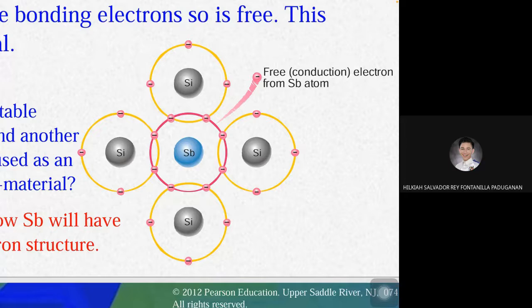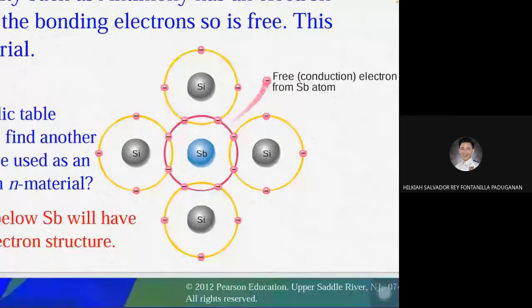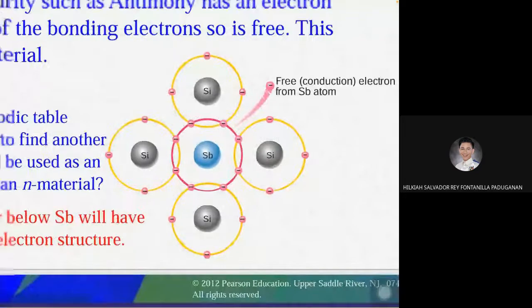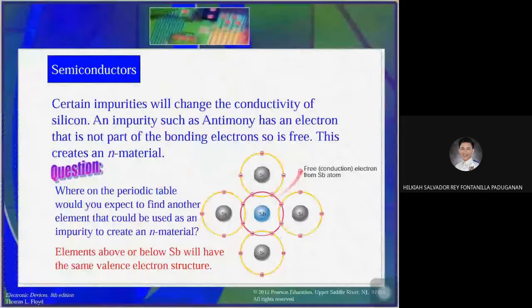And if there are millions of antimony atoms, it follows that we also have millions, or maybe billions, of free electrons floating around. So the output is an N-type material.